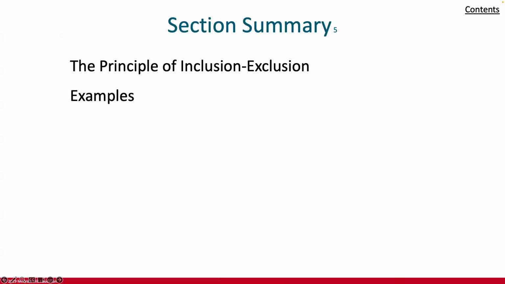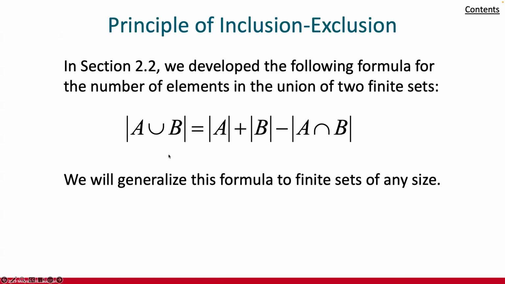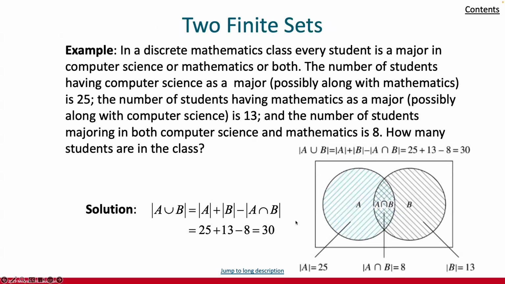A technique for solving such counting problems was introduced in section 6.1, and in this section we will generalize the ideas introduced in that section to solve problems that require us to count the number of elements in the union of more than 2 sets. So we have this kind of relationship. You can think of sophomores and women, and we don't want to overcount, so we have this last term to make sure that we do this properly.